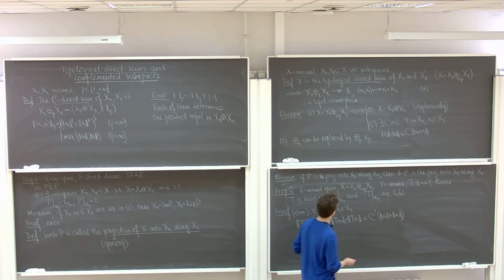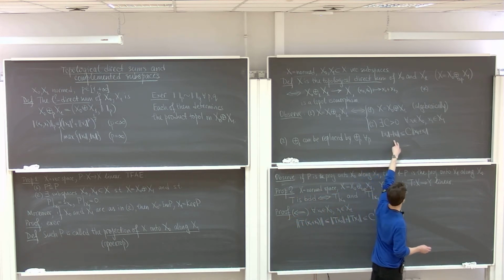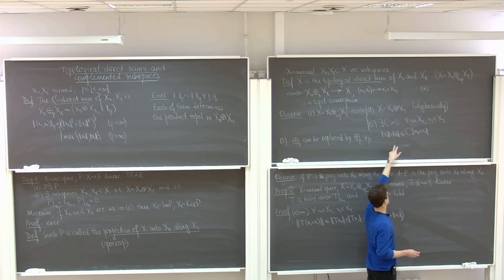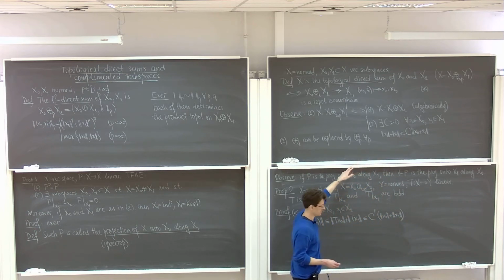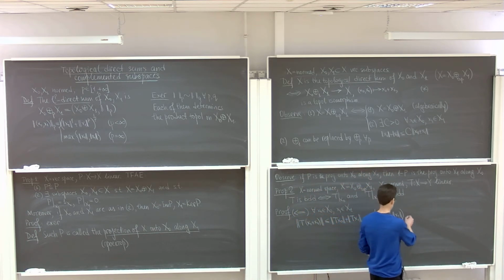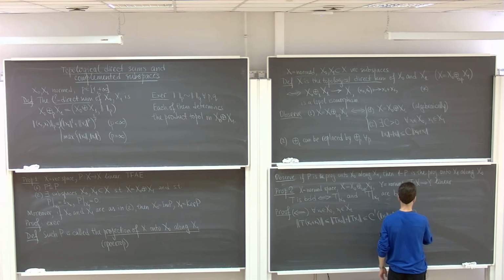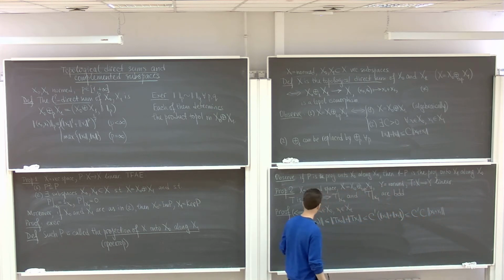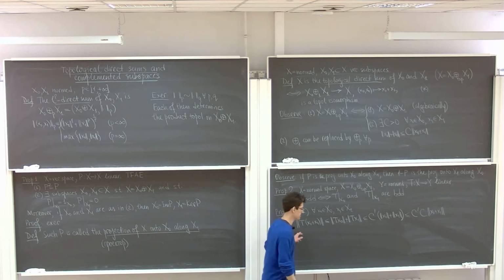Finally, we have a kind of converse to the triangle inequality for this direct sum. And so this is estimated as C prime multiplied by C and by the norm of x0 plus x1. And that's it. So this shows that our operator T is bounded.